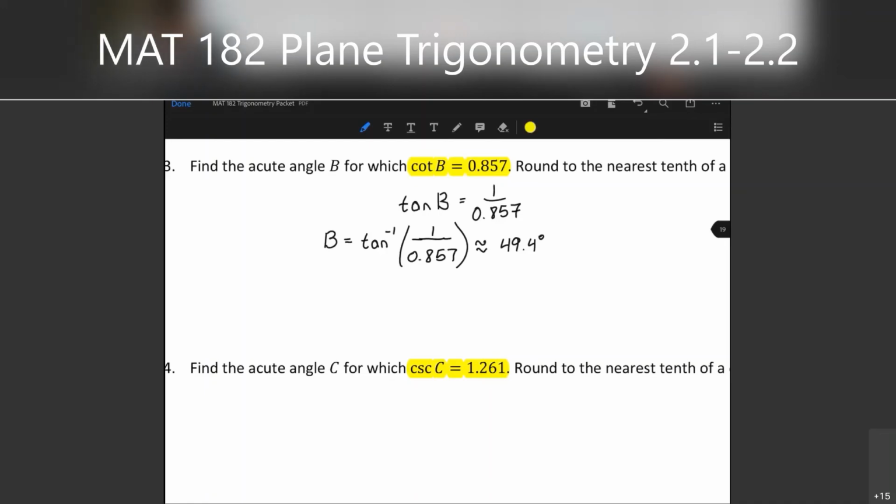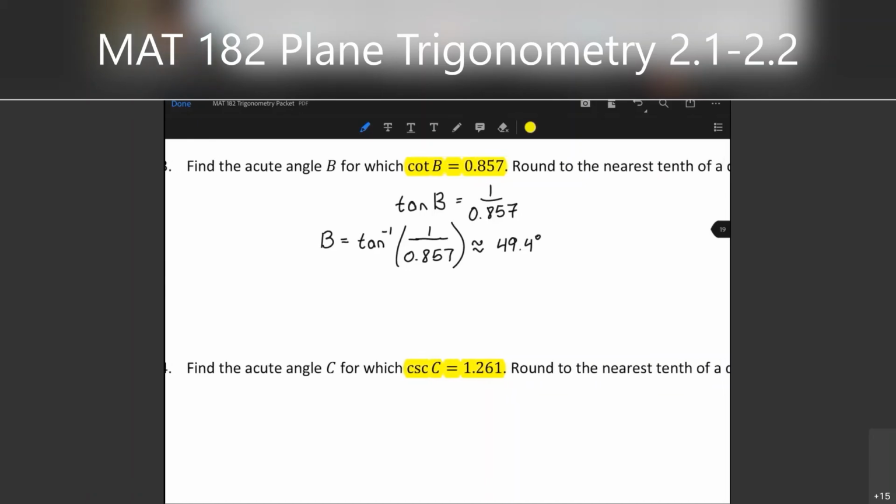Looks like we're narrowing down to the same solution there. Again, if we have the cosecant, what is the reciprocal for cosecant? Yep, sine. The sine function. So we could write an equivalent statement, the sine of C equal to 1 divided by 1.261. That's the reciprocal function.